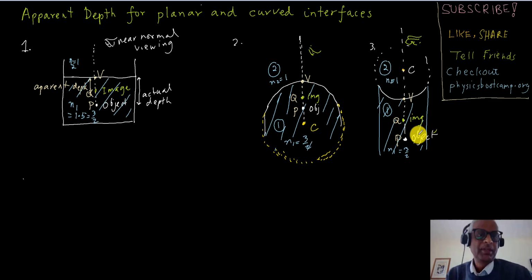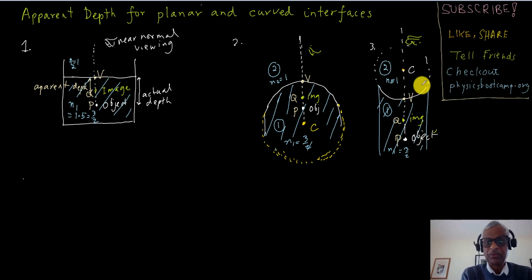All right. So when you think about this as an object-image problem, then apparent depth is simply the image distance, and actual depth is the object distance. In all of this it is the same thing.